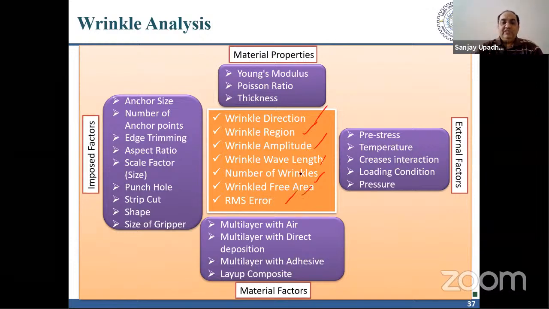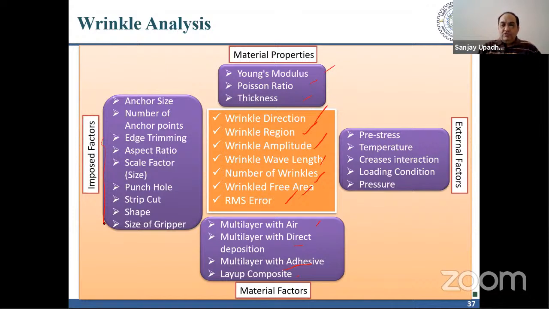We have studied these by considering the external factors, Young's modulus, Poisson's ratio, and thickness, then material layer with direct deposition, material layer with adhesive, layer composite, and these imposed factors: anchor size, number of anchor points, edge trimming, aspect ratio, scale factors, all these things.